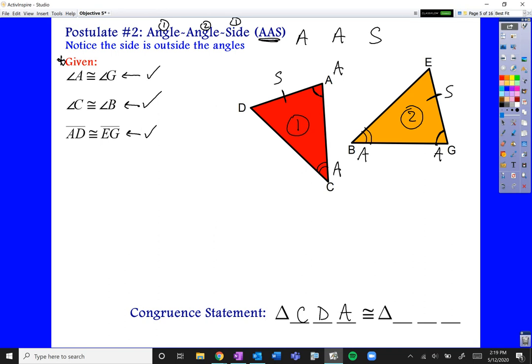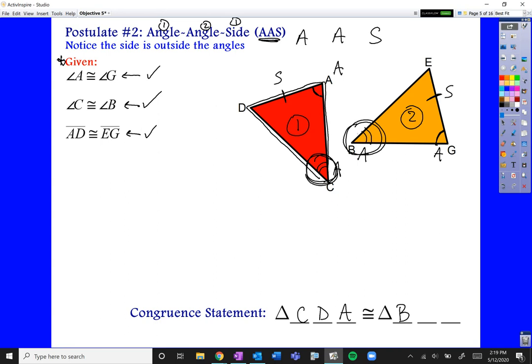CDA. Now, if I start with C that has the double arc mark, in my other triangle, I need to start with the same one that has a double arc mark. So I'm going to start with B. In my triangle, I go the double marked angle to the no marked angle, back to the single marked angle, and then home.